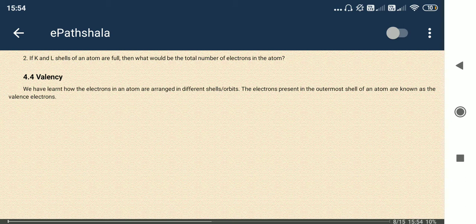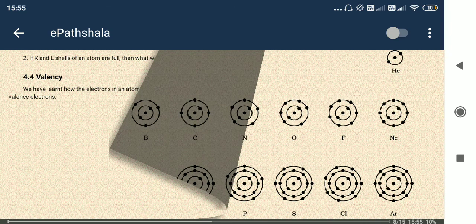And if it is in excess of the stable number of electrons, it usually tries to release some electrons. Okay, so that is the valency: how many electrons are in excess in the outer shell, or how many electrons are lacking in the outer shell.